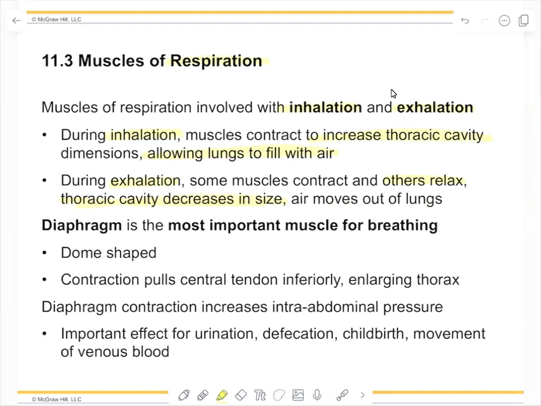So the most important respiratory muscle is the diaphragm muscle, and it's dome-shaped. When it contracts, it actually increases the intra-abdominal pressure. So this muscle in particular could be used for other things like urination, defecation, childbirth, or the movement of venous blood.